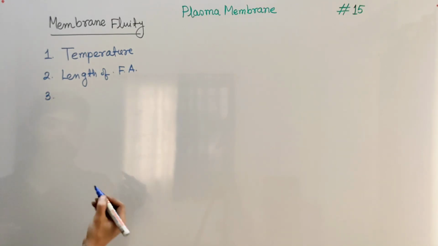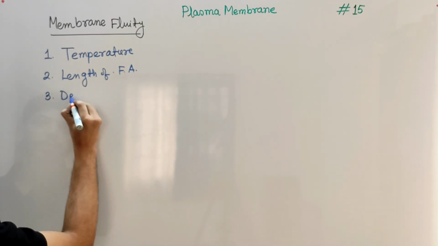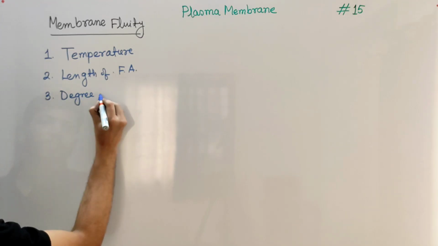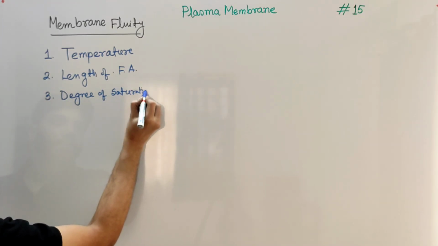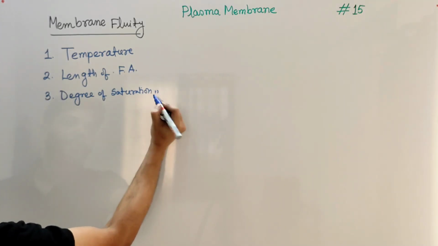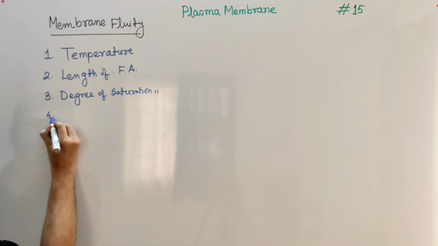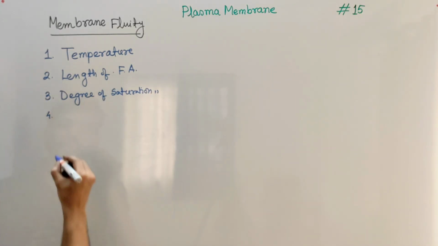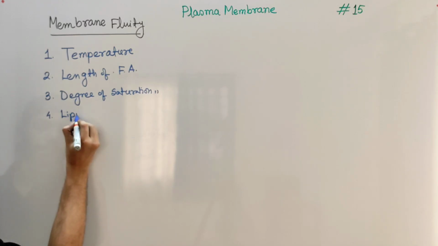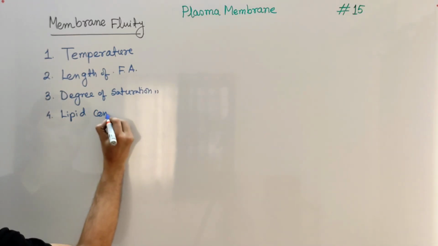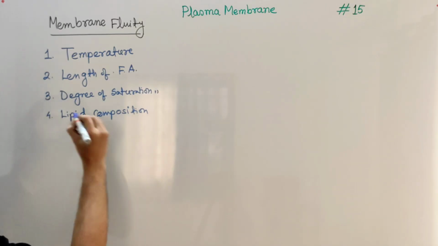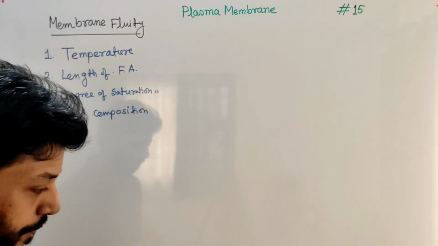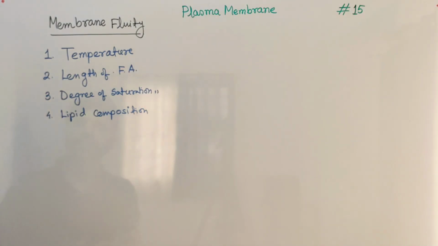Third factor is the degree of saturation of the same fatty acid chains. And the fourth point we have to remember is lipid composition. So these are the 4 factors that control membrane fluidity. At first I will talk about temperature.